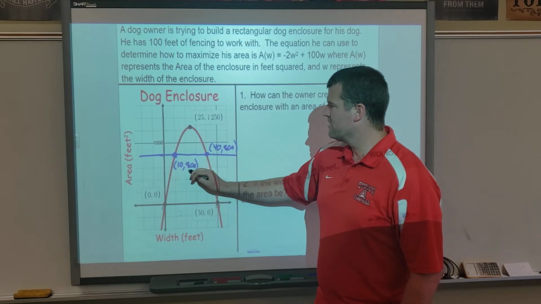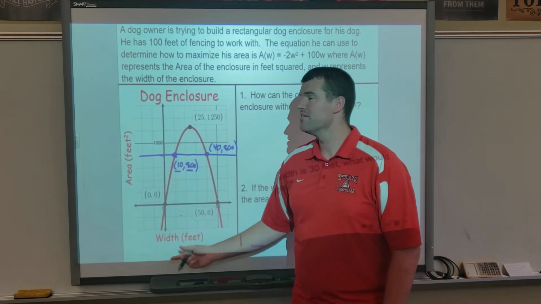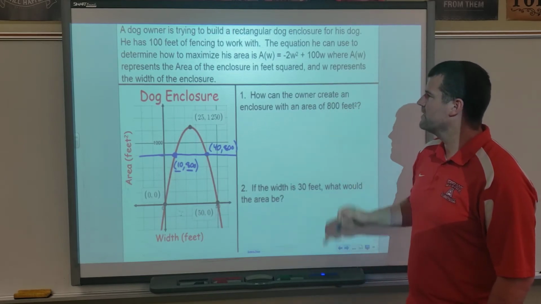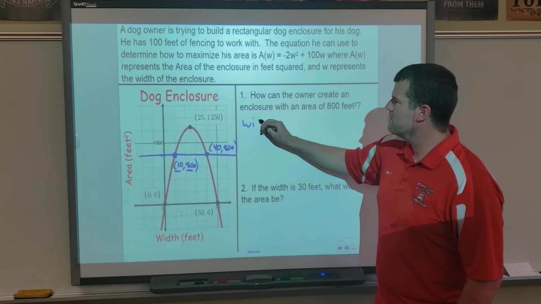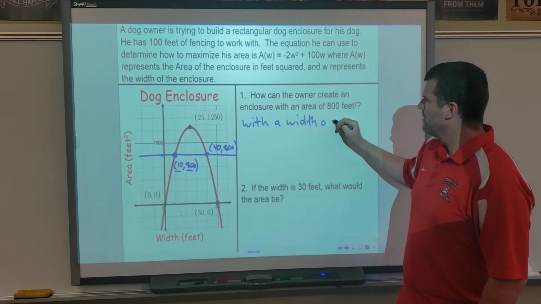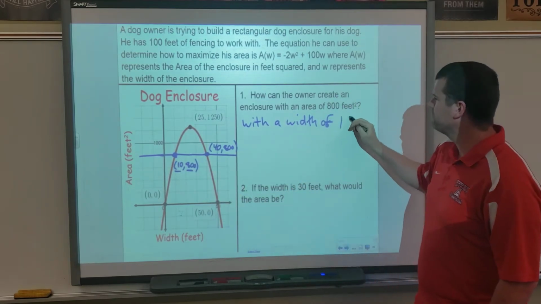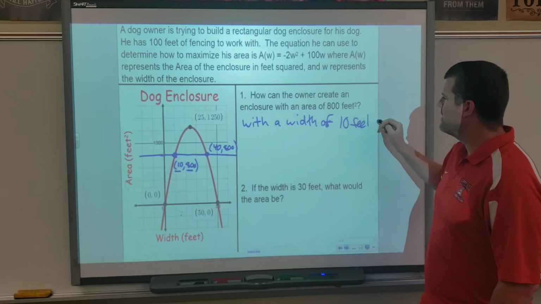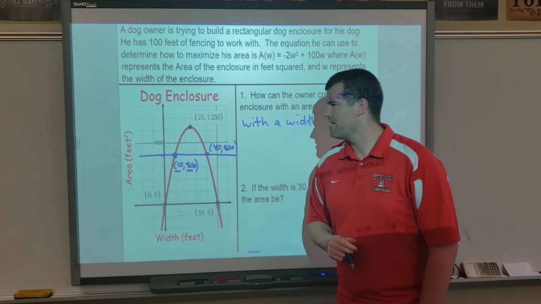And at this particular area, the 10 is representing our width. So we know that to create an enclosure with an area of 800 feet squared, they can do it with a width of 10 feet. So if their rectangle had a width of 10 feet, their area would be 800 feet squared.